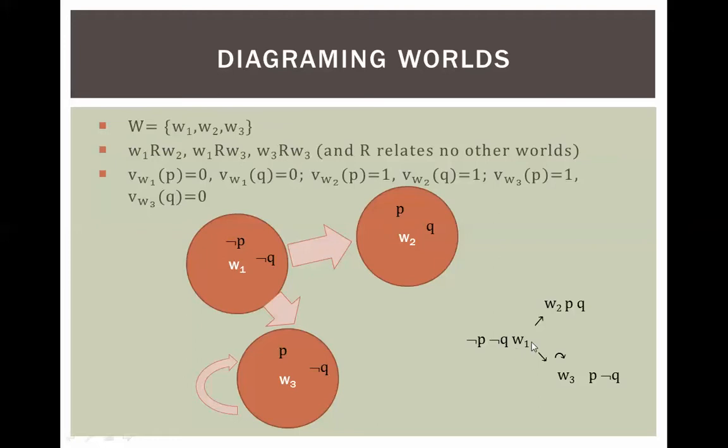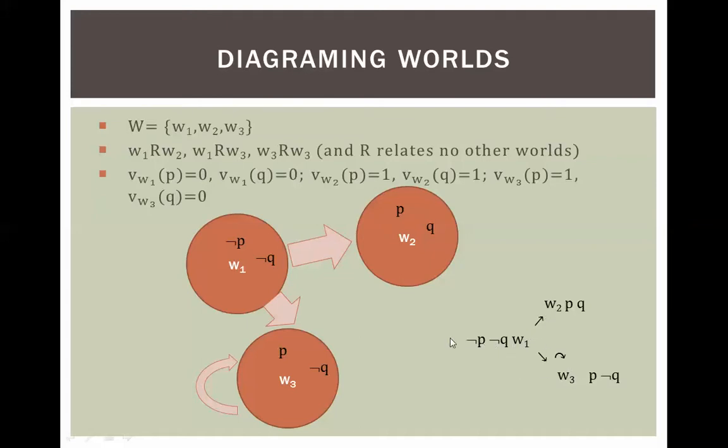And then you can draw this out, and it doesn't have to look exactly like this, but it should look something like this formation, where world 1 has arrows to world 2 and world 3.